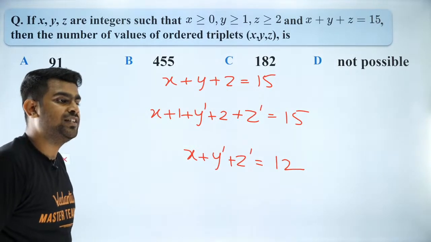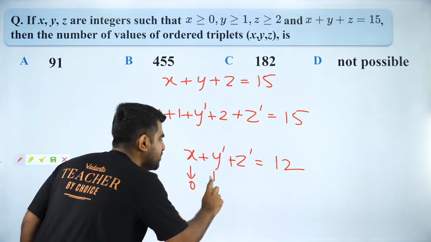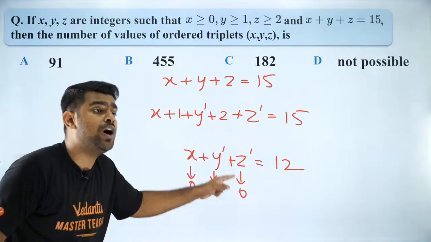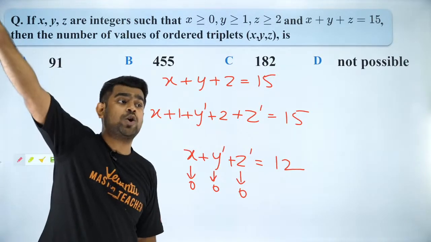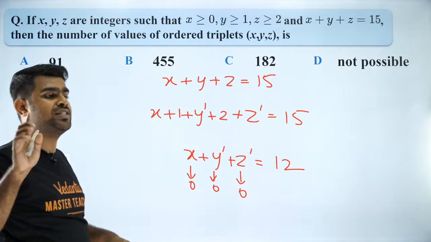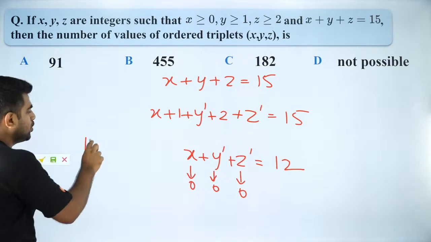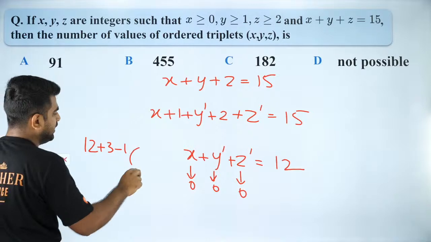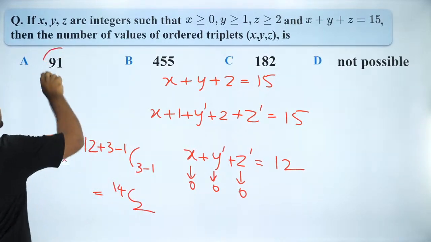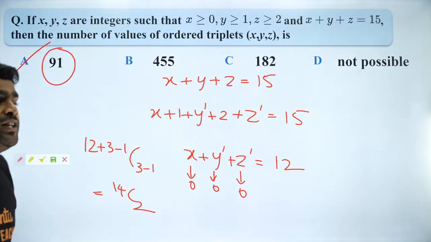Now all of them start from 0. This starts from 0, this starts from 0, this starts from 0. So here I can apply beggar and coin. If I apply beggar and coin, what is the answer? 12 plus 3 minus 1, C3 minus 1, 14C2, which is 91. Got it? Are you guys clear?